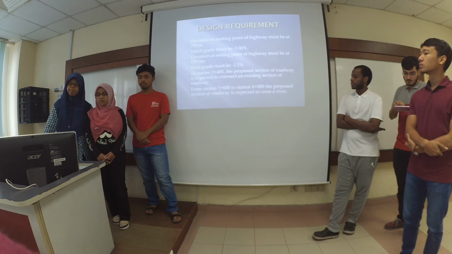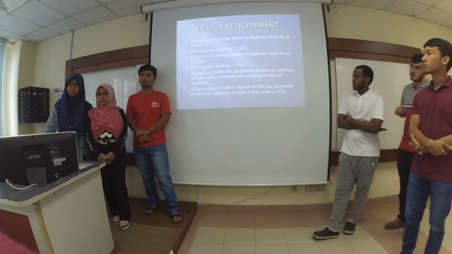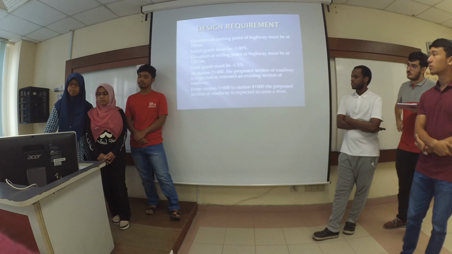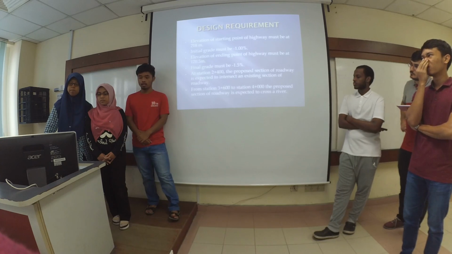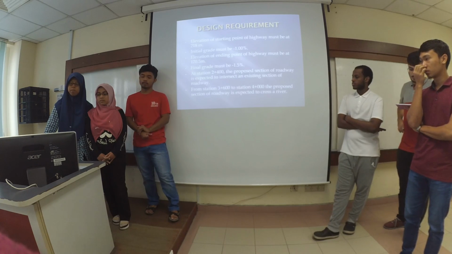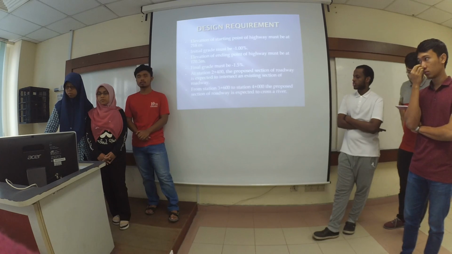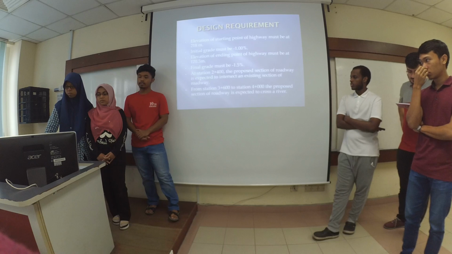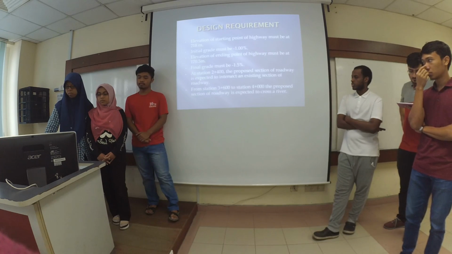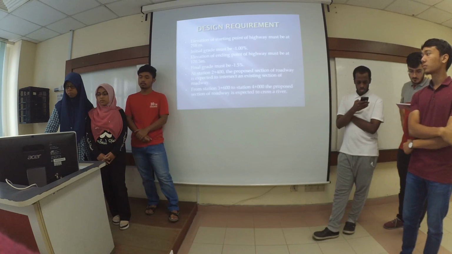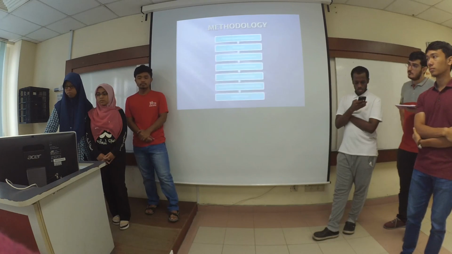At station 2,400 meters, the proposed section of roadway is expected to intersect an existing section of roadway. And from station 3,600 meters to station 4,000 meters, the proposed section of the roadway is expected to cross the river.